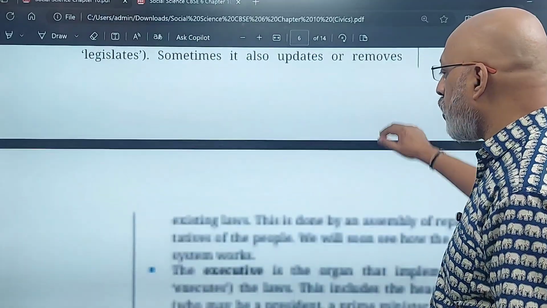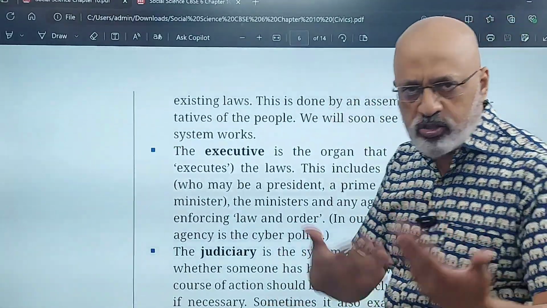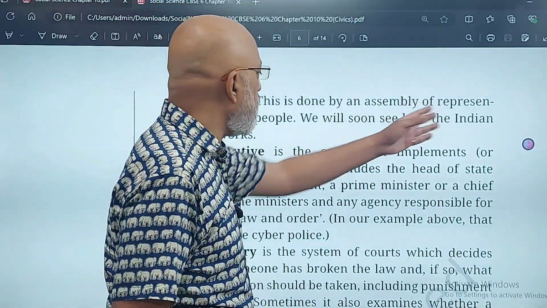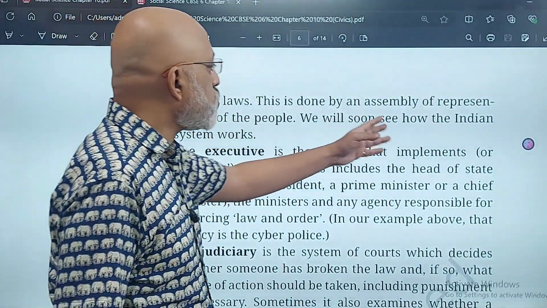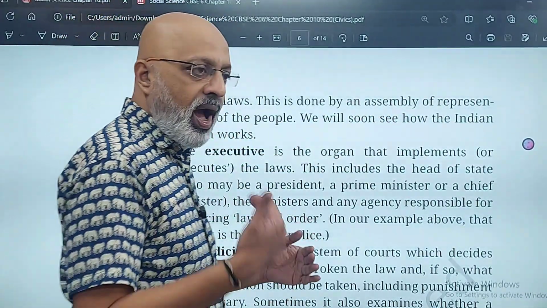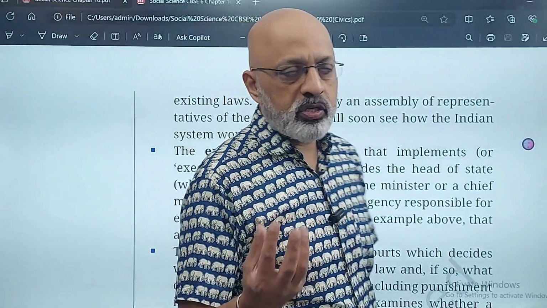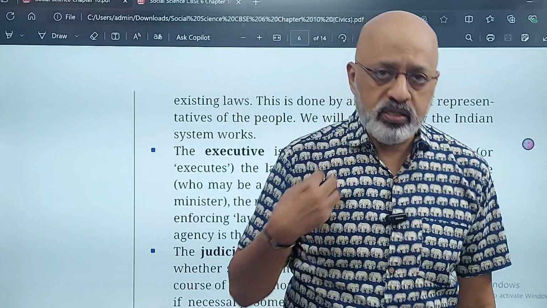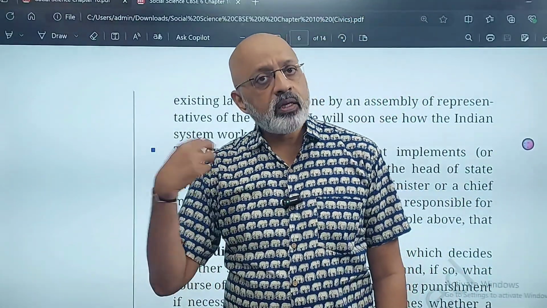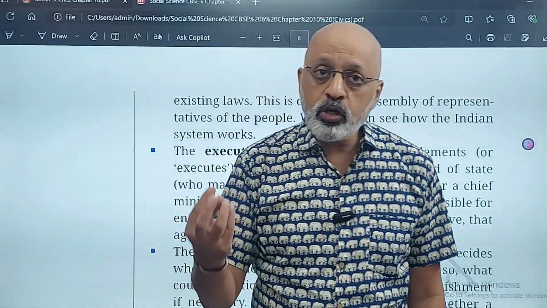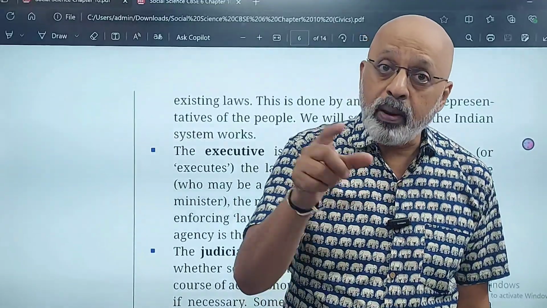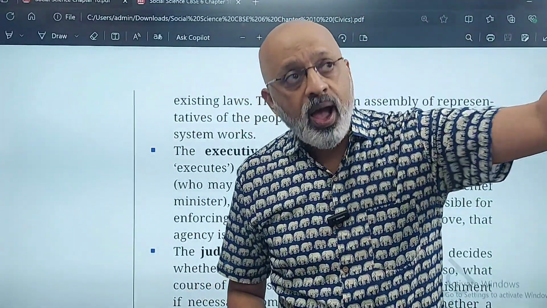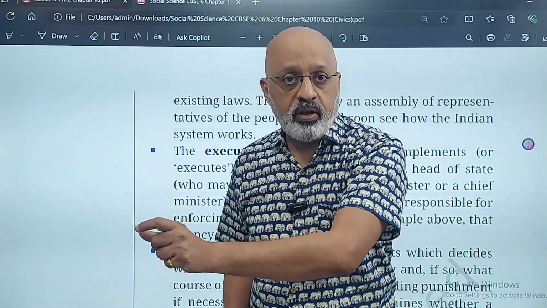Sometimes it also updates or removes existing laws, because it's a dynamic situation. This is done by an assembly of representatives of the people. We will soon see how the Indian system works. That is, I elect my MP. Like for instance, if you are, let's assume, a voter in Varanasi, then Narendra Modi ji is standing from there, so you elect Narendra Modi as the member of parliament from Varanasi, and he will go to Lok Sabha and he will make laws for the country, right?